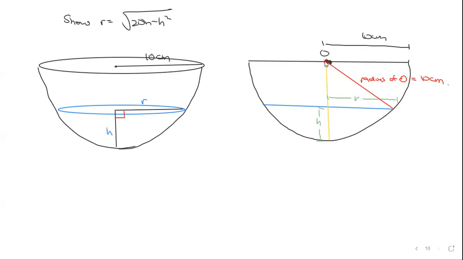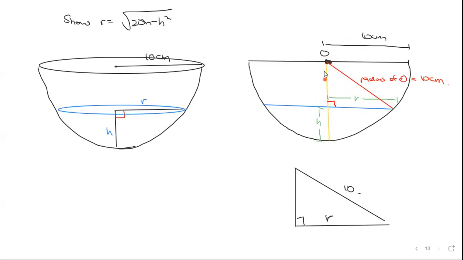So we now have a relationship between 10, a number, and r, and that relationship can be found in this right angle triangle, where the vertical side is yellow, the hypotenuse is red, and the horizontal side is part of the blue line. Let's deconstruct it. This is r, this is 10.